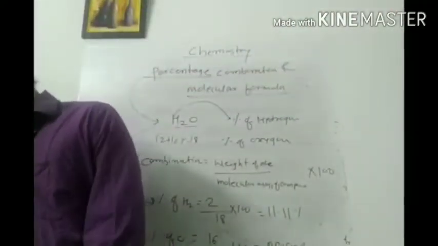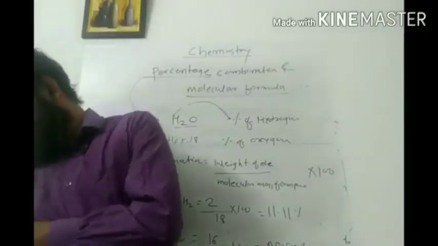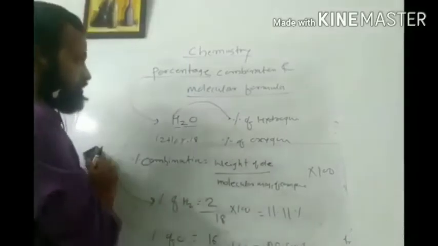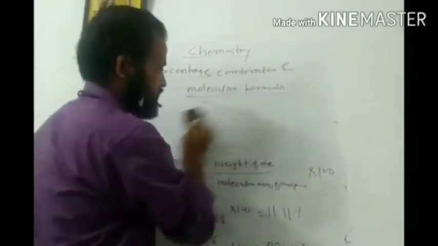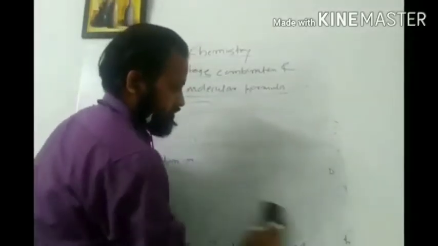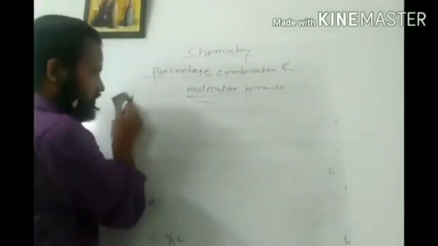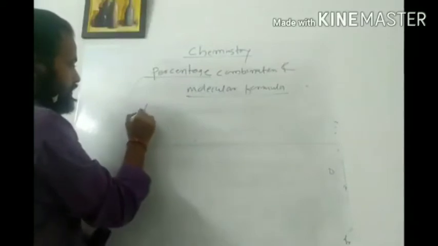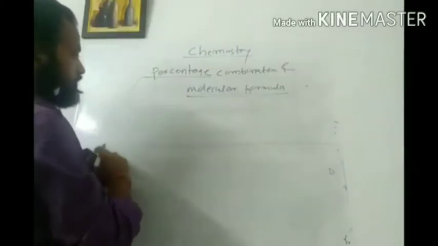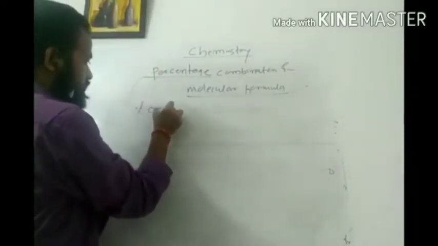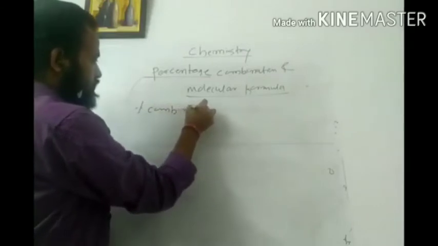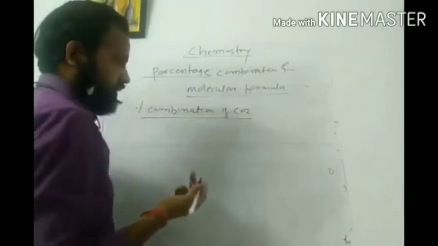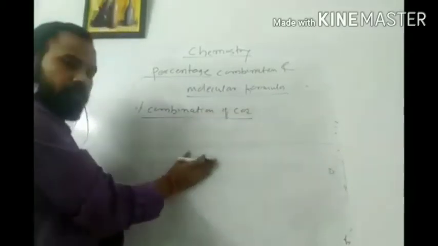So let us say carbon dioxide, CO2. Here I am taking the percentage combination of CO2. Firstly I will use this formula, weight upon molecular mass.